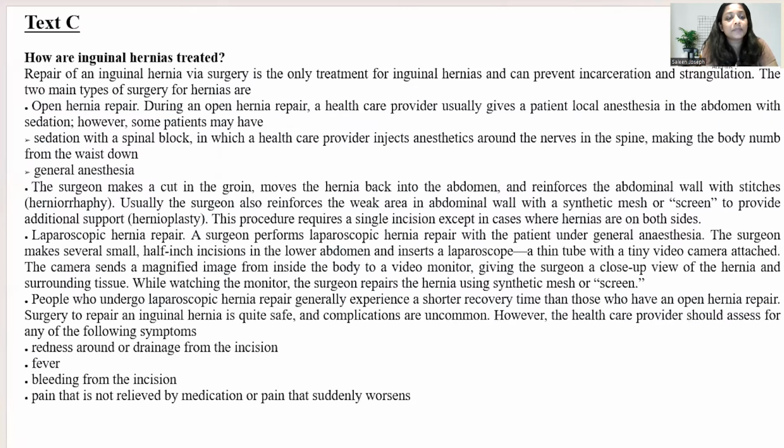Okay, now text C. How are inguinal hernias treated? So you can mark headings, subheadings. Okay. If they have mentioned any symptoms, name of some disease or something, name of a body part, you can just mark all those things.